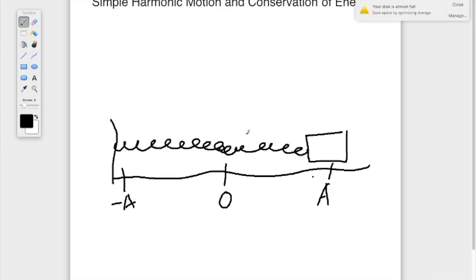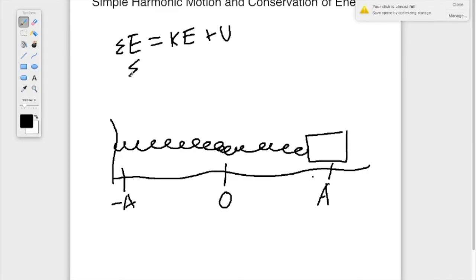So what we can do is use conservation of energy to describe the total energy in the system. You know that there are two types of energy. So let's say the total energy, sigma E, is comprised of the kinetic energy and the potential energy.